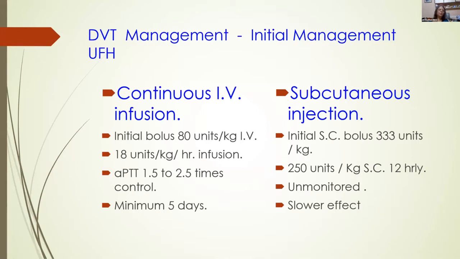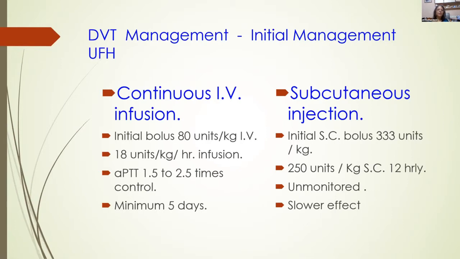An initial bolus of 80 units per kg is to be given intravenously, followed by an 18 units per kg per hour infusion of unfractionated heparin. APTT is to be performed every 6 hourly and should be maintained between 1.5 to 2.5 times of control.